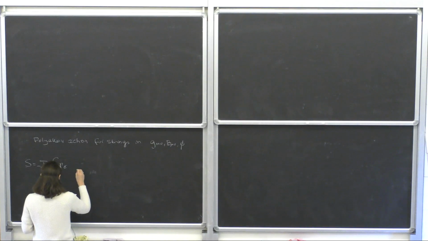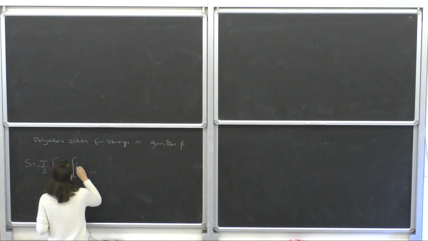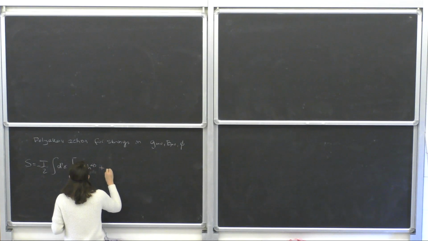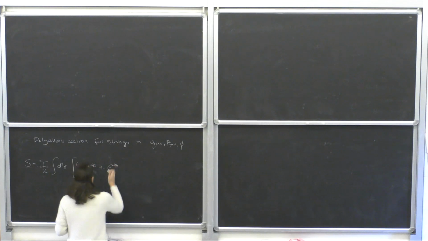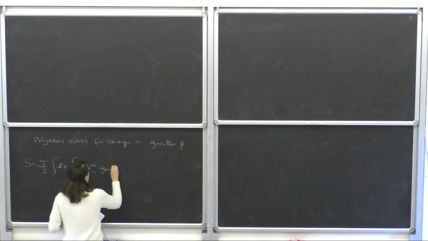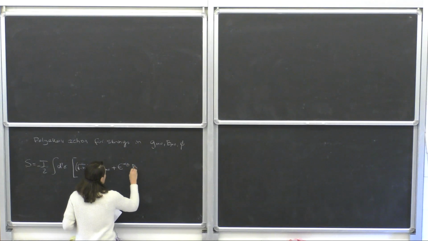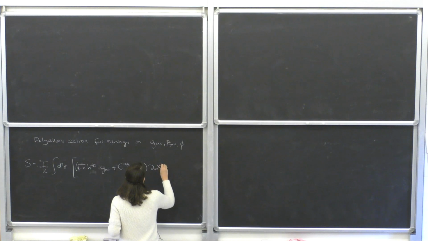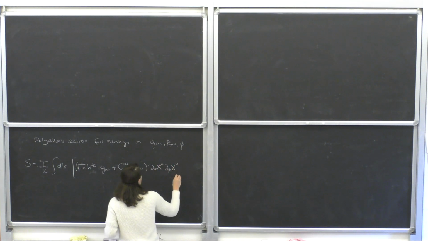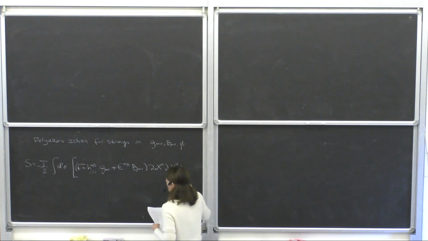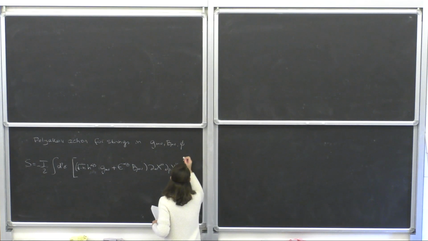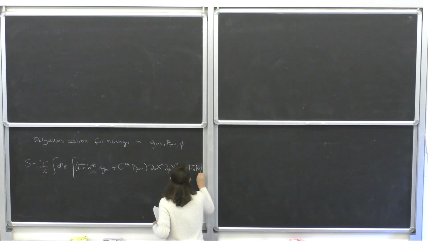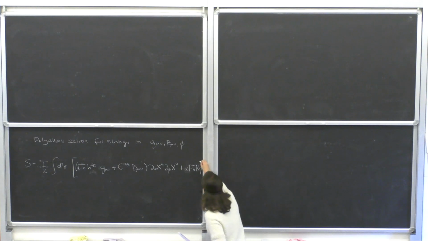So the part square root of minus h h^{alpha beta} G_{mu nu}, plus epsilon^{alpha beta} B_{mu nu}, d_alpha x^mu d_beta x^nu, and then the dilaton had this weird coupling, alpha prime, square root of minus h, R the Ricci tensor of this metric h, and the dilaton.